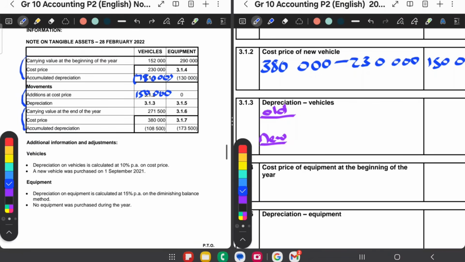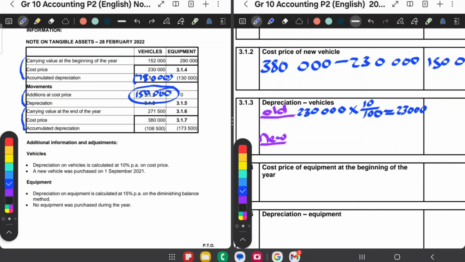So at the beginning of the year, we're doing vehicles on the cost price method, 10%. So I'm going to take the cost price at the beginning of the year and multiply it with the percentage. So old, which means the beginning of the year, will never have months, so we're not going to say times months. This is just going to give us an answer. The answer I get here is 23,000.